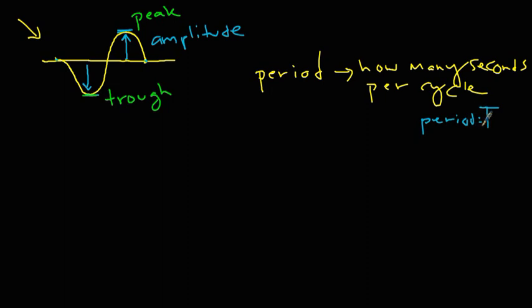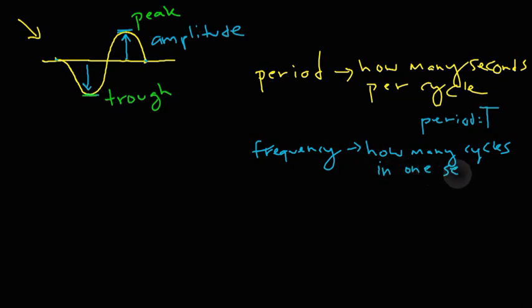If we take this a step further, we can look at the inverse of period, and that's something called frequency. Frequency is how many cycles in 1 second.